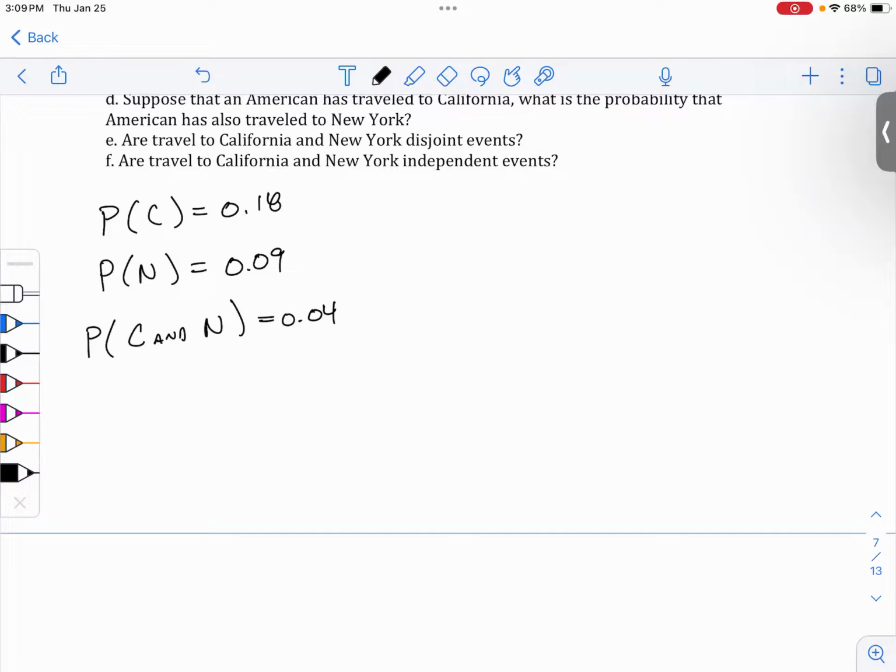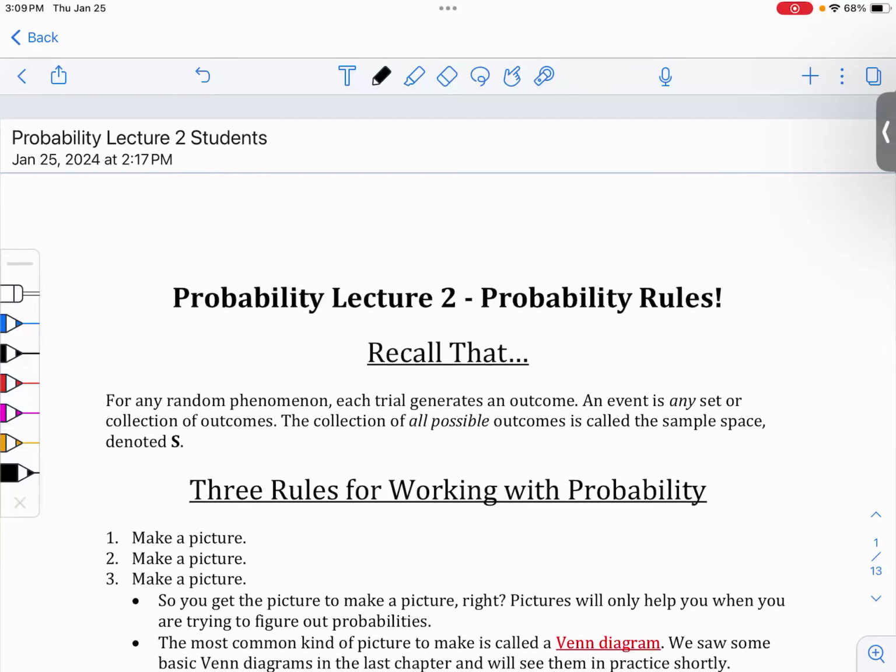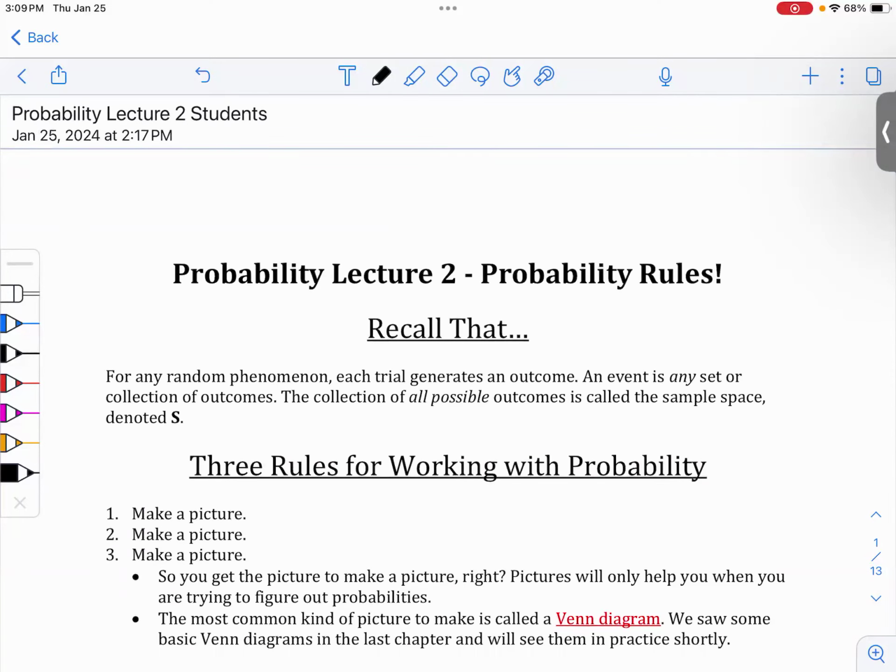After we identify information, what's our next big step? What are the 3 rules? If A and B are equal to 0, then they're disjoint. Is that what you're asking? Nope. What are the 3 rules of statistics? Make a picture, make a picture, make a picture. We're going to define whether they're disjoint or overlapping, but identify info, then make a picture.